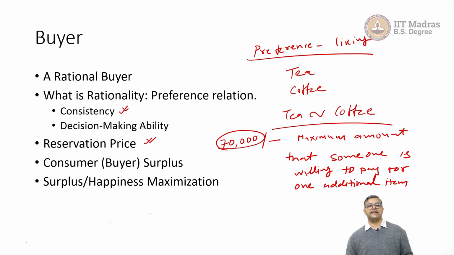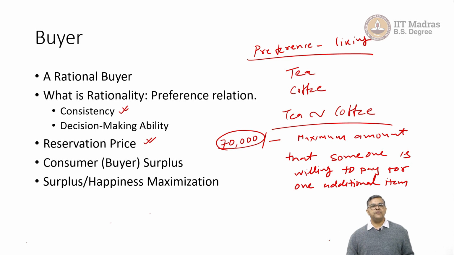This reservation price can change if you already have some, like let us say that this is the beginning of the summer season and the first time you see mango in the market. How much would you be willing to pay for the first mango? Perhaps, let me just make a guess, 50 rupees or 100 rupees, does not matter, think of a number, 100 rupees.